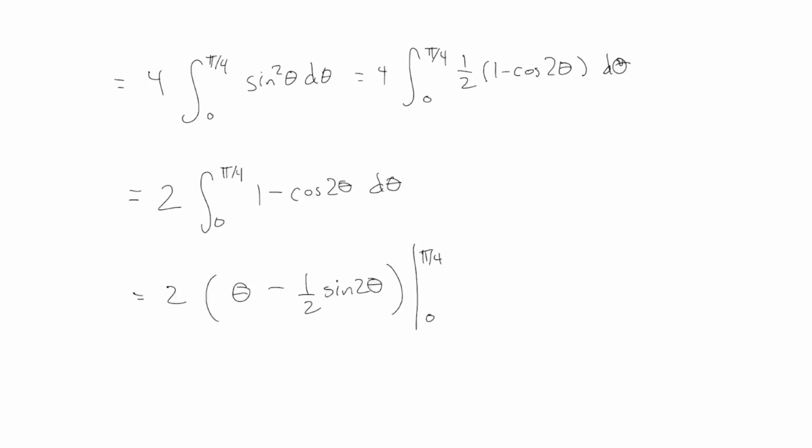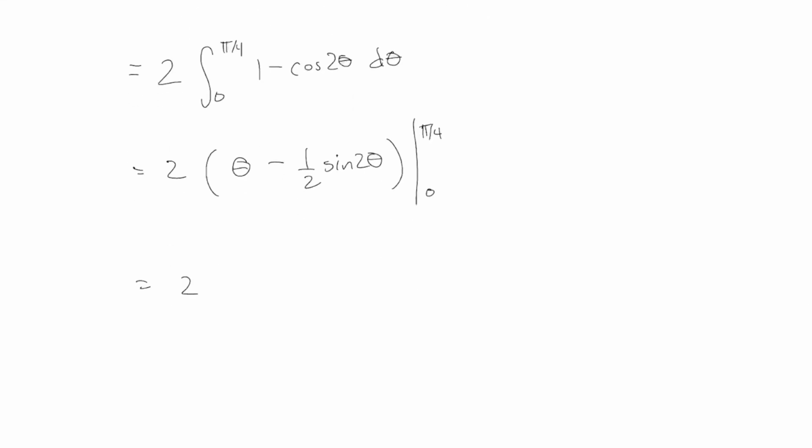I hope you all remember, I'm using the integral of cosine k theta is 1/k sine k theta. We did that last time. All right, and now plug the values in, and we'll try and simplify this all the way just for fun. So I get theta is pi over 4 minus 1/2 sine of 2 times pi over 4.